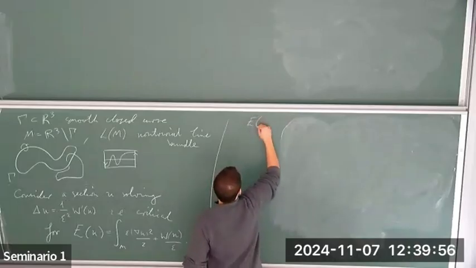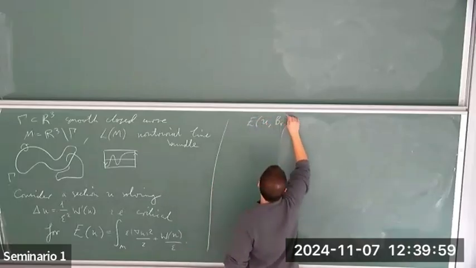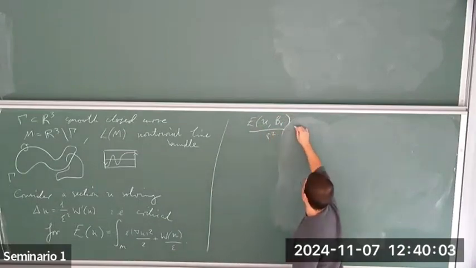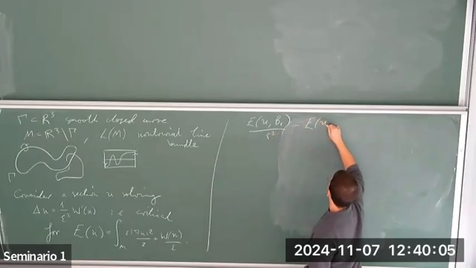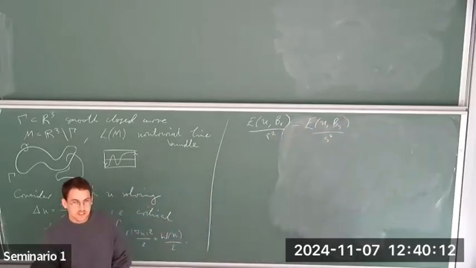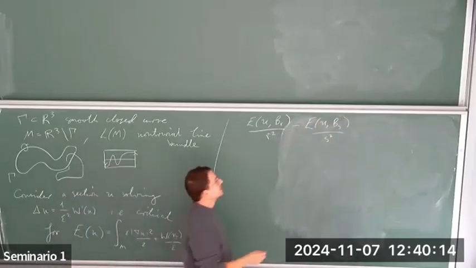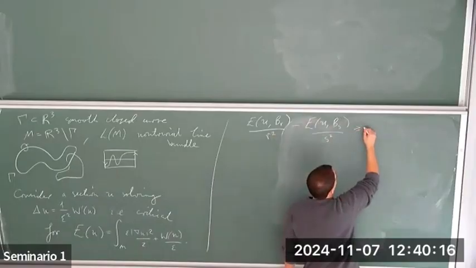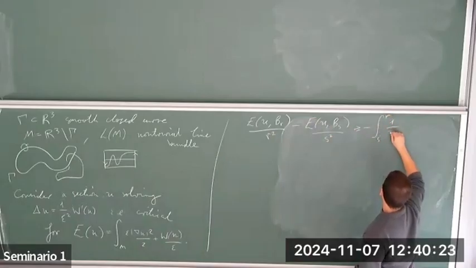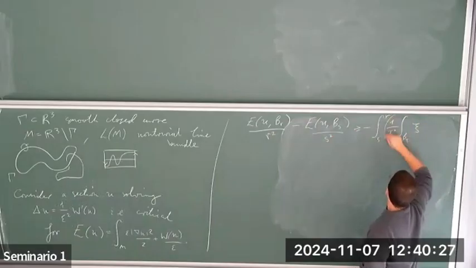So Marco used the first variation formula to compute how the rescaled energy is changing as a function of the radius. And the important part of the computation for us is that this difference is bounded below by some integral involving the discrepancy.